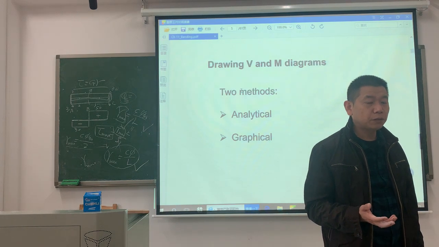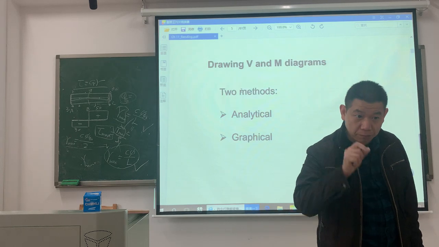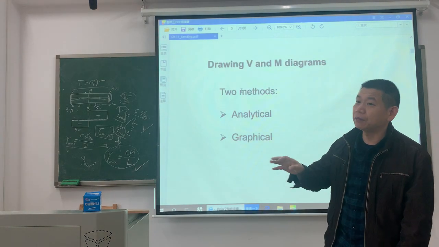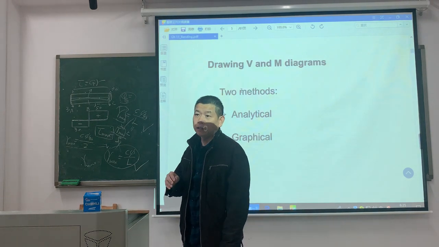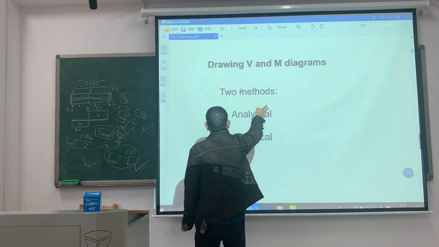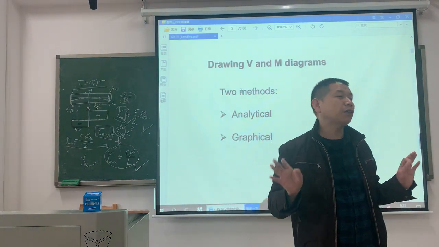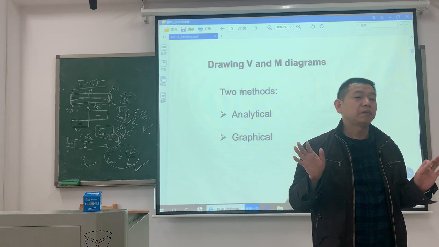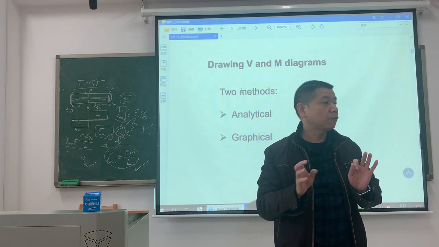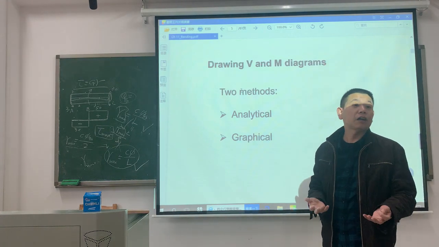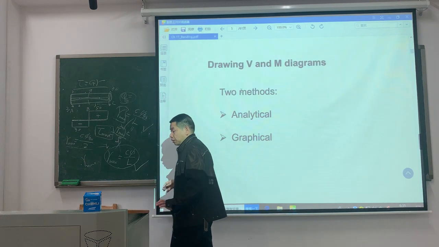In doing so, we can find the maximum bending moment and the maximum shear force. If you draw the diagram, you can know what is the maximum bending moment and what is the maximum shear force. So at first, we have to draw this kind of diagram.